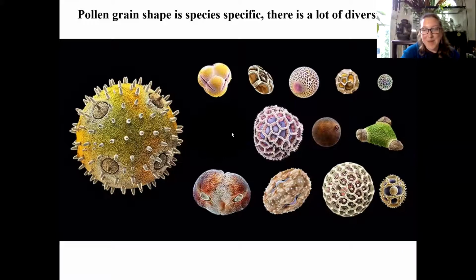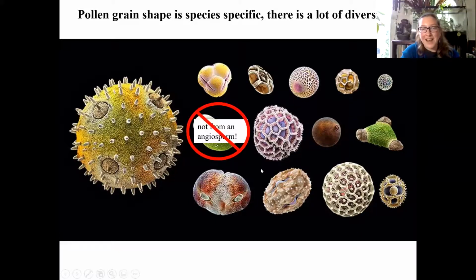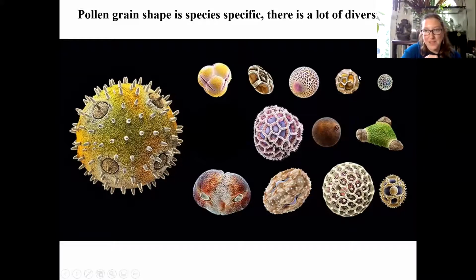No, that's Mickey. Remember Mickey Mouse from the gymnosperm, right? You've got the pollen, you've got the air bladders here. You could even do like this. Hi guys. I can't do the Mickey voice. But yeah, get out of here. Not from an angiosperm, that's from a gymnosperm.